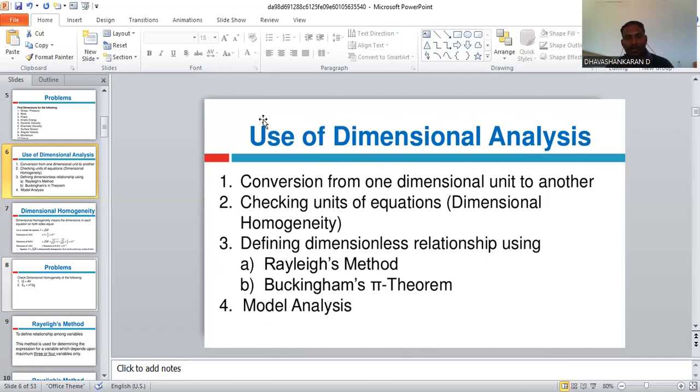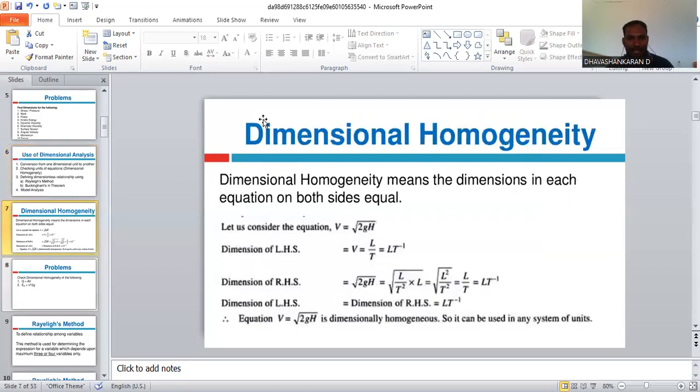The final one is model analysis. Okay, model analysis is the biggest concept. It includes a lot of ideas and concepts. It deals with the similarities taken from the model and the prototype. Those things are discussed in model analysis.